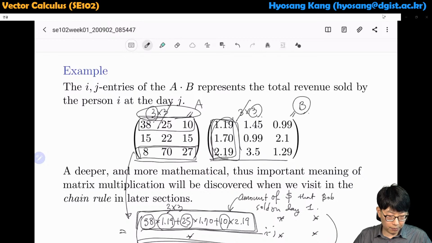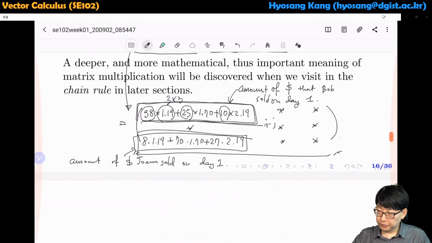Yeah, you need backpropagation to adjust your values. Then you need matrix multiplications. You're going to use this meaning of multiplication of two matrices many times in machine learning.